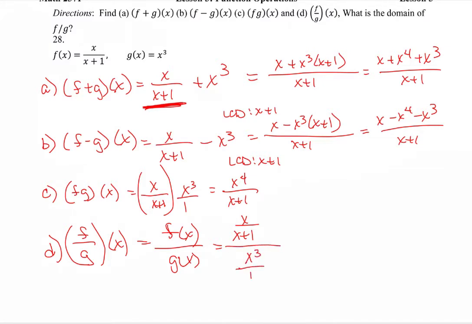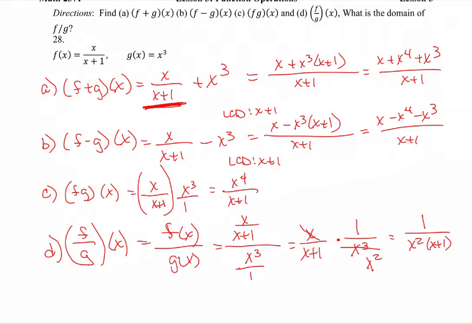Now I'm going to write this over 1, which is x over x plus 1 times 1 over x cubed, because we flip the denominator and multiply. So this x can cancel with this and leaves x squared. So our new function is 1 over x squared times x plus 1.